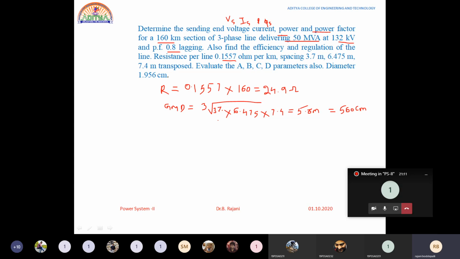Now let us see Z. Before going to Z, we need to find the inductance.